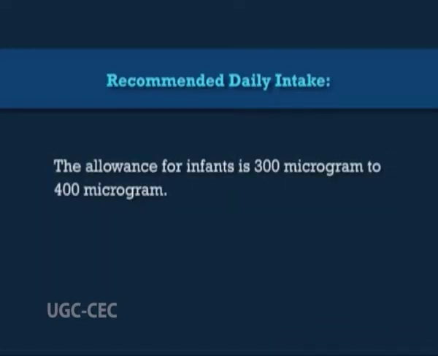The allowance for infants is 300 to 400 micrograms. The need gradually increases as the child grows to adolescence. No increased allowance during pregnancy is recommended, but the allowance is increased to 1,380 micrograms of retinol or 4,600 micrograms of beta-carotene during lactation.